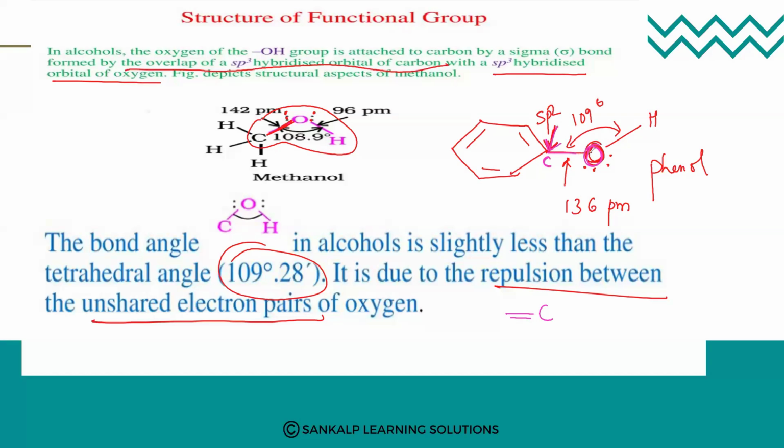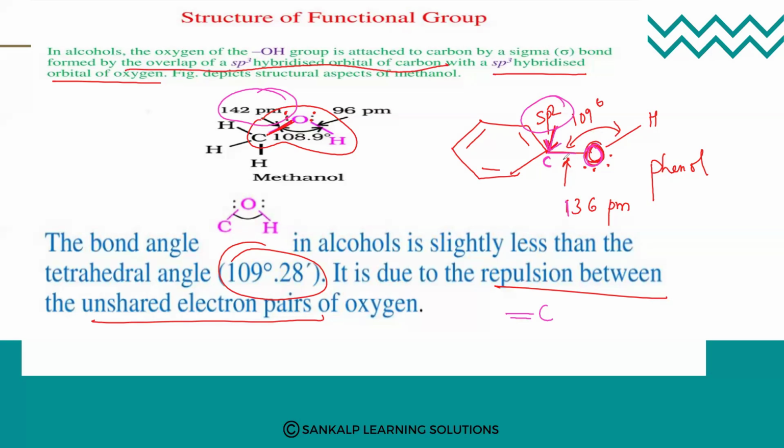The C-O bond length here is 136 picometer, which is slightly less than that of methanol. In methanol, the bond length was 142. What is the reason? There are two reasons. First, the sp2 hybridization of the carbon makes it more electronegative.